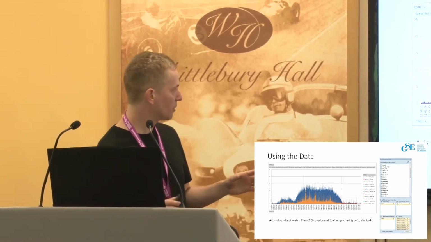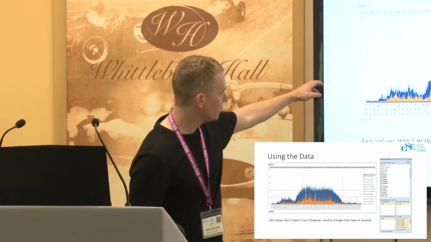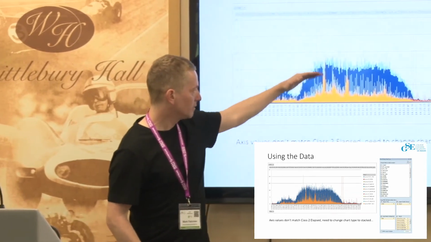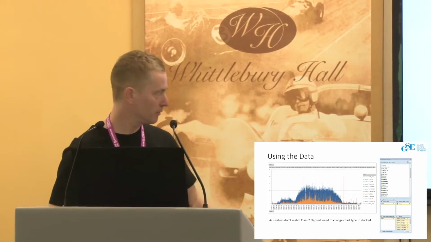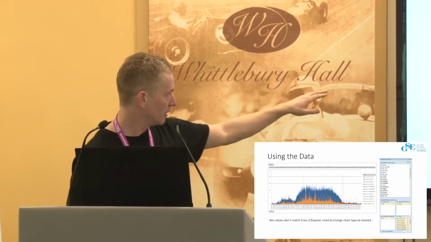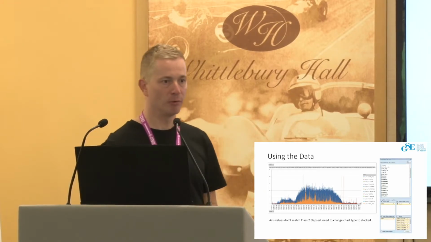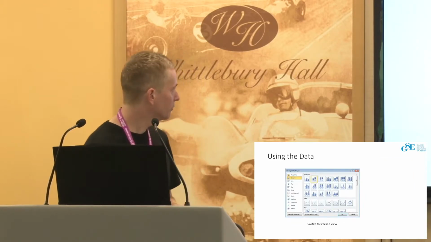There's something not quite right, because the total there doesn't match the one previously. It's because by default Excel won't stack them to give you the total. These are all individual lines, not related to each other at the moment. So what you want to do is relate them to each other by choosing a different type of graph.